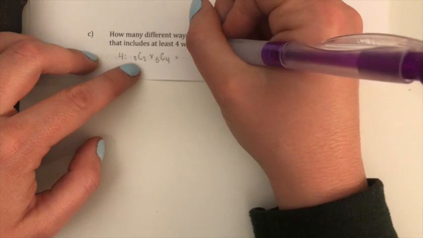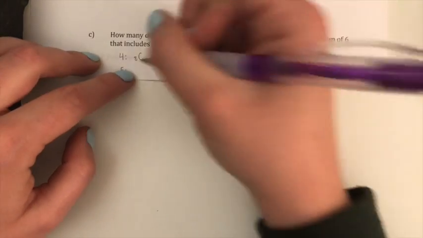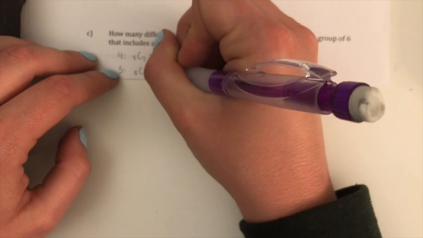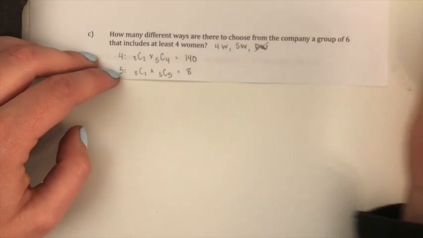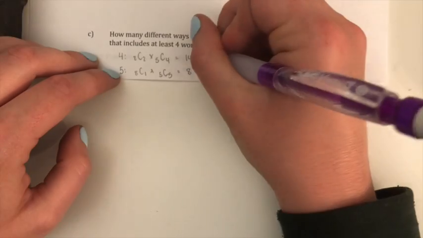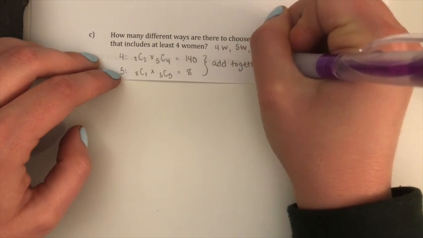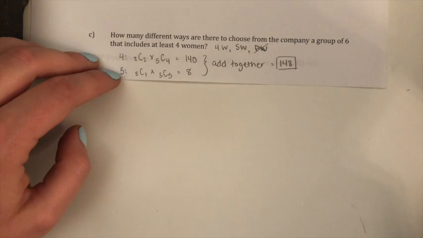If you multiply those together, you get 140. If we do 5 women, that's 8 choose 1 guy and 5 choose all 5, so again the 8 that we looked at before. If we add these 2 cases together, we get 148 options where there's at least 4 women.